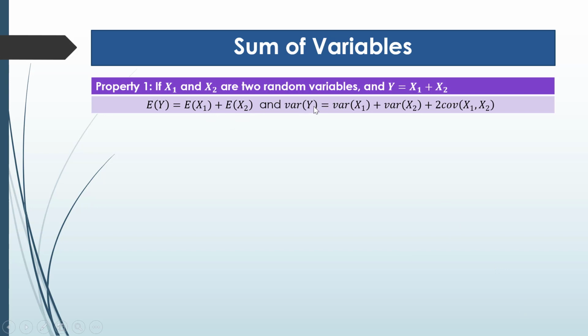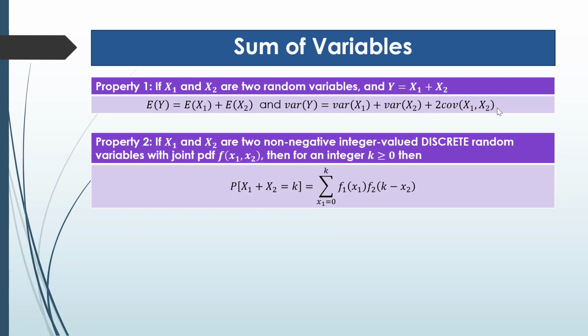And the variance of y is the variance of x1 plus the variance of x2 plus two covariances of x1 and x2. Here, because the question didn't indicate that x1 and x2 are independent, we have the two-covariance term. If x1 and x2 are independent, the covariance of x1 and x2 is 0, so the last term will disappear.